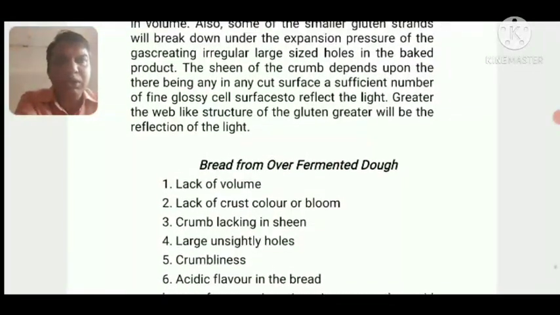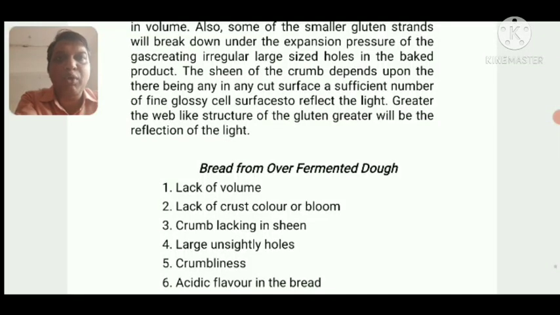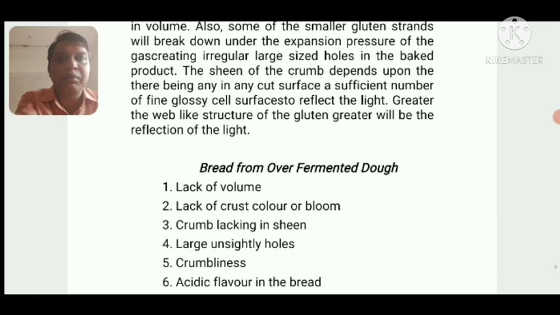The gluten needs proper time to develop and make strands or a structure which can trap the CO2 properly and give a physical structure to it. If it is not done, then either it makes a dense bread, or the bread looks like it is uncooked, or overdone, or somewhere it is not mixed properly.